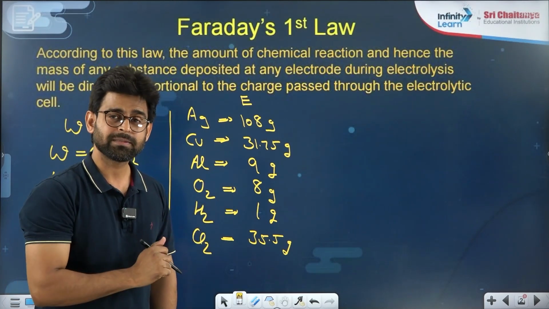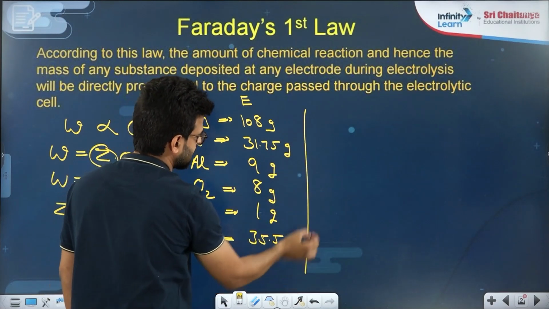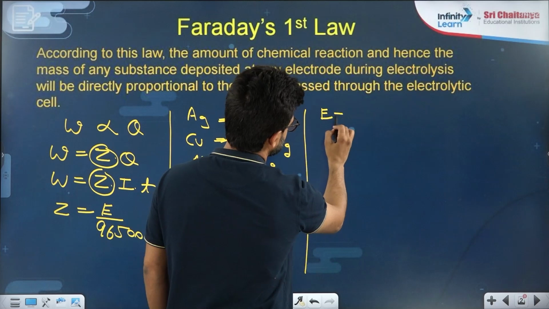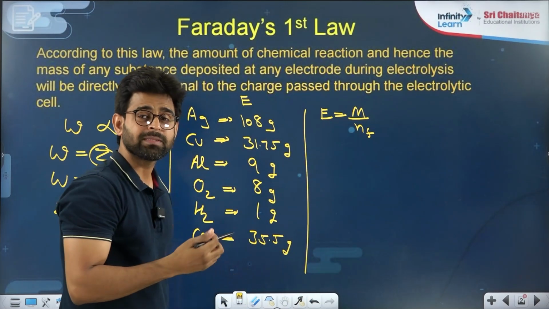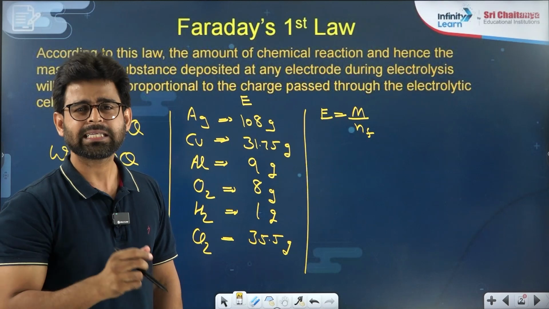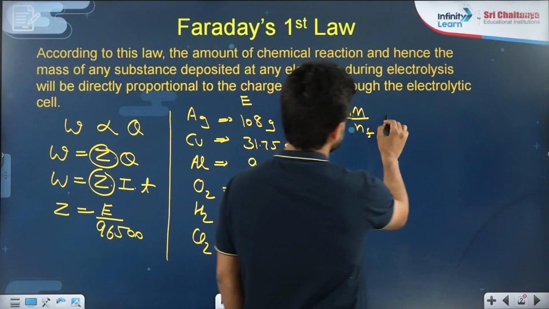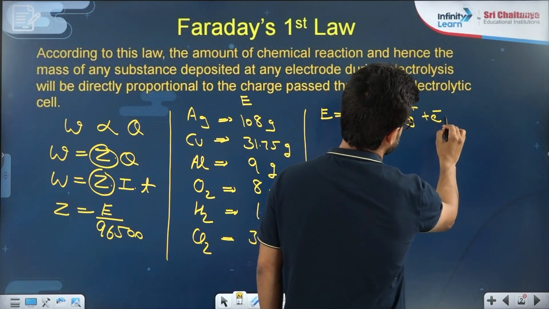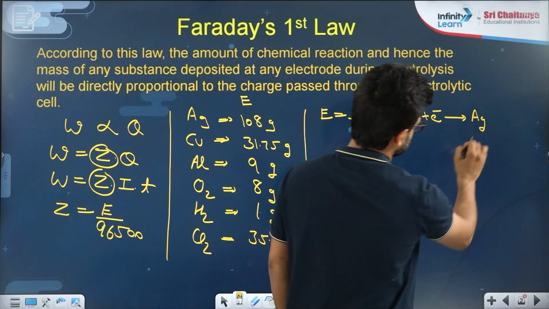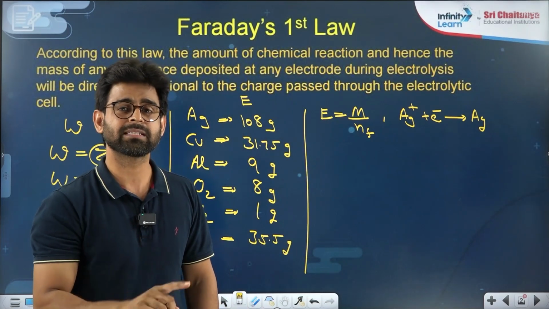And how do these come? Equivalent weight is the molar mass divided by the n factor. Imagine at the cathode Ag is getting deposited. Ag+ does reduction at the cathode and becomes Ag, accepting one electron, so its n factor is 1.